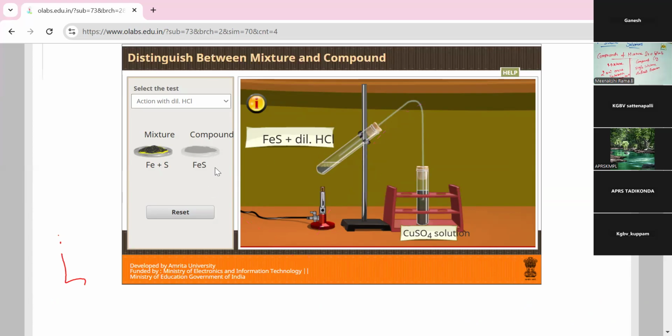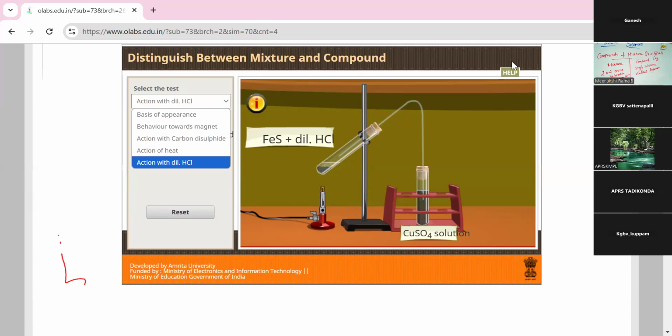That is the result of this test. So what are these properties? Basis of appearance, behavior towards the magnet, action with carbon disulfide, and action of heat. With the help of these four tests, we can clearly understand what is mixture, what is compound, and what their properties are.